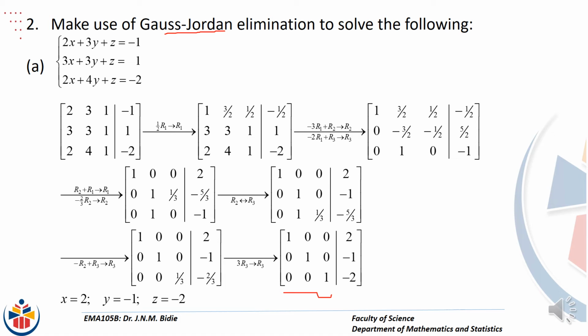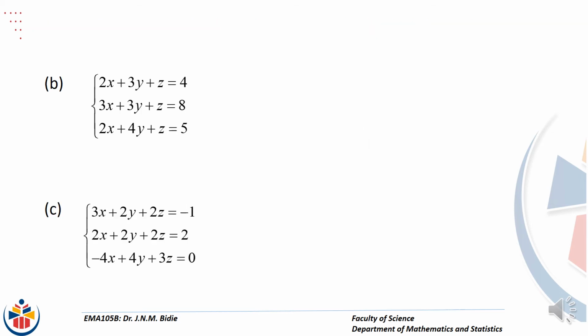Please go through these steps and see whether you agree with what has happened here and whether you would get the same solution. And then again, use the Gauss-Jordan elimination to do number B and C.